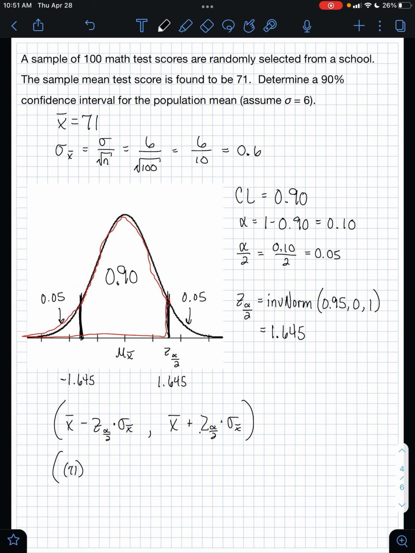So x bar is 71. We found that at the beginning. Our z sub alpha over 2 is 1.645, and our sigma sub x bar is 0.6. For the right endpoint of the interval, it's going to be the exact same thing, but with a plus instead of a minus: 71 plus 1.645 times 0.6.